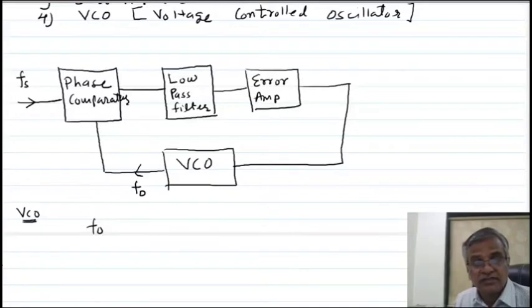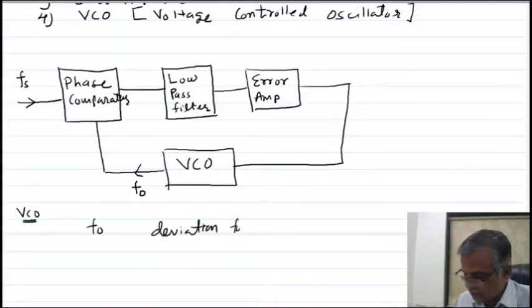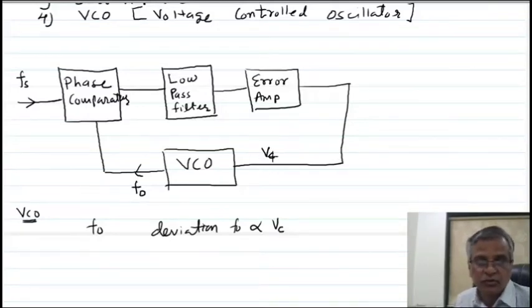Frequency FO can be shifted on either side by applying a small DC voltage, and the deviation in frequency FO depends upon the VC voltage. This voltage, which I am writing as VC, is the output of the error amplifier.